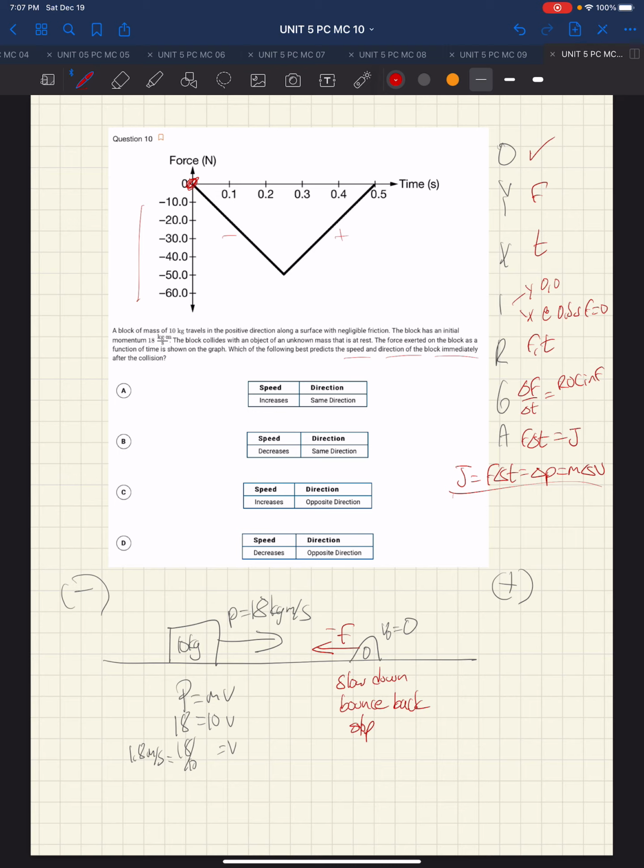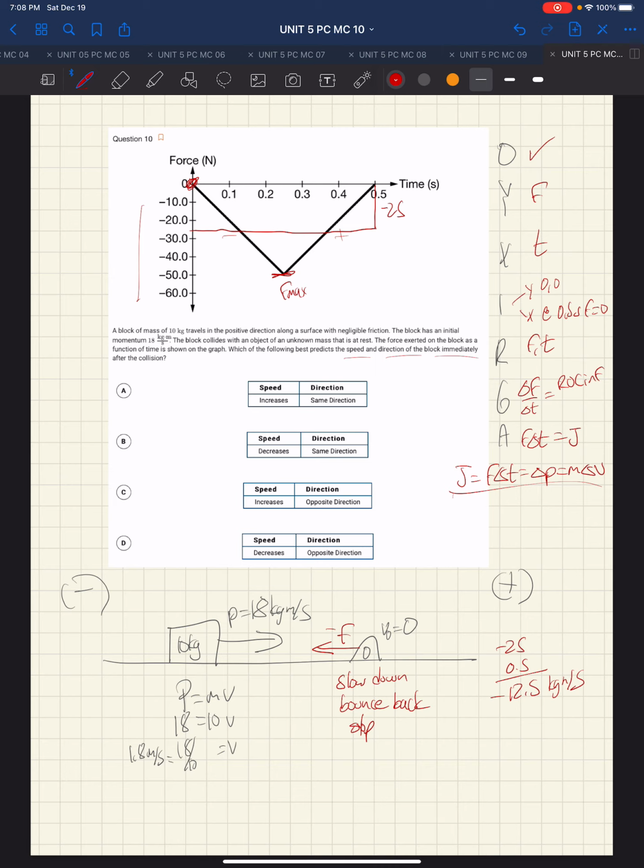So let's examine this. If we want to know the change in momentum, we know the initial momentum, we would find the area. And so the area then, since we have an F max of 50, that means the average of the F max and the initial force would be 25. So we have a minus 25 times 0.5 is 12.5, negative 12.5 kilogram meters per second.